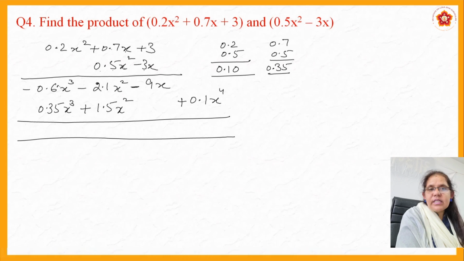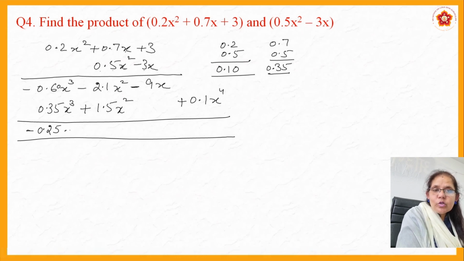I can write it 0.60. That will make my calculation easy. One is minus, other is plus. It will get subtracted. 10 minus 5 is 5. 5 minus 3 is 2. And minus 6 is the greater number. So that sign will come here.